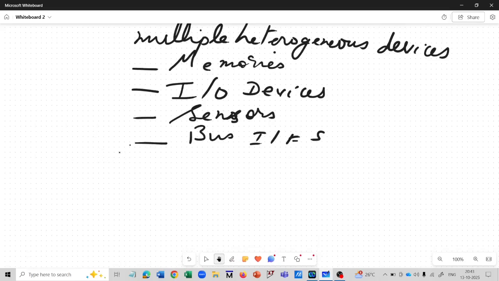Moreover, in any system, there may be several devices which would like to communicate to a processor, which means that a direct interface between the processor and these devices will not be possible. So the devices basically speak a different language than the processor. Moreover, they may have different timings than the rate at which the processor is processing its data.